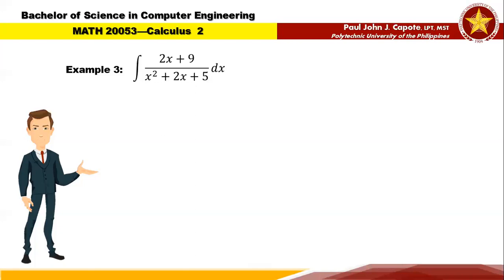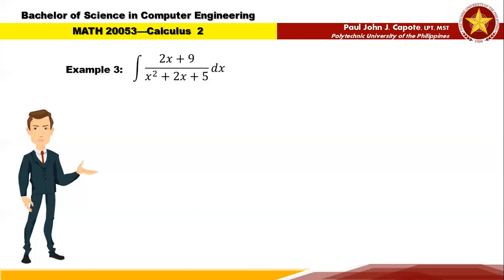Now in this case, we notice that the denominator of the integrand is x squared plus 2x plus 5. If we let u equal this expression and we derive u, somehow we will arrive at a differentiated function that is expressed in the remaining terms of the integrand.